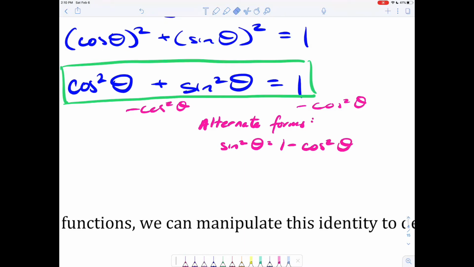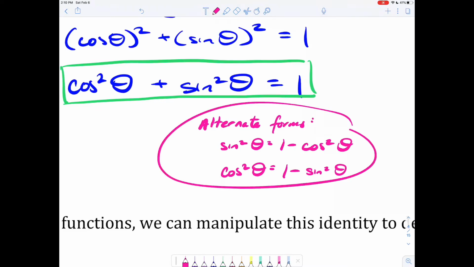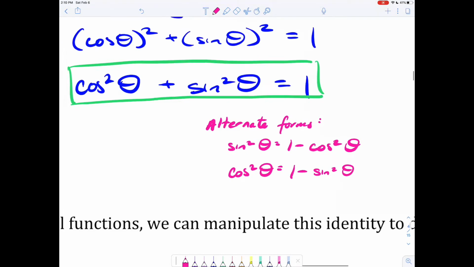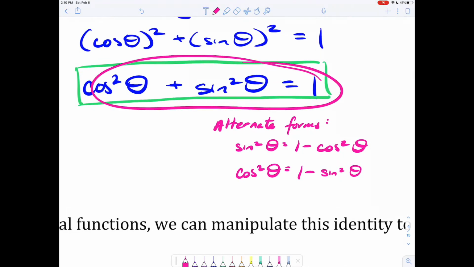And in a similar sense, we could instead subtract sine squared theta from both sides, and we get that cos squared theta is 1 minus sine squared theta. Again, you don't have to commit these to memory, but do recognize that they exist and that they are just variations on this first identity here.